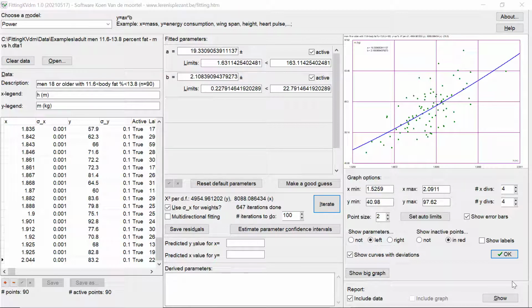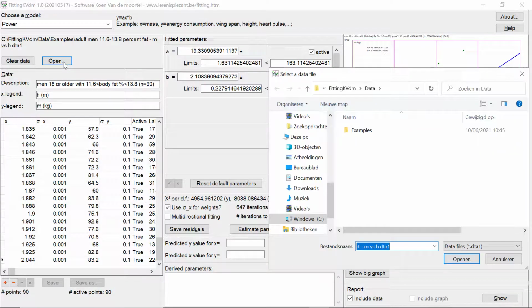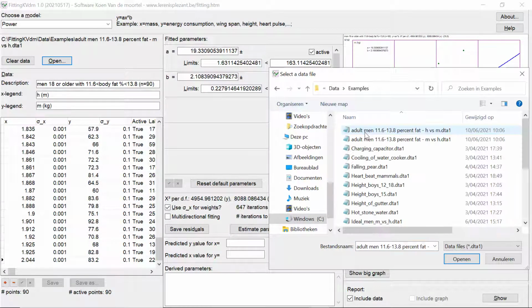Now we have taken the height as the independent variable here and the mass as the dependent. Now there is no reason why we shouldn't switch the two, and we will try and see.